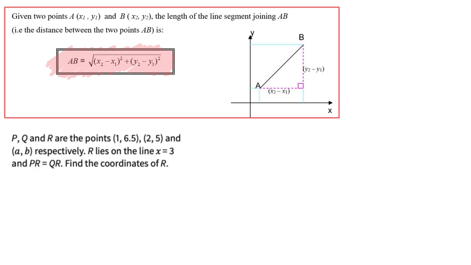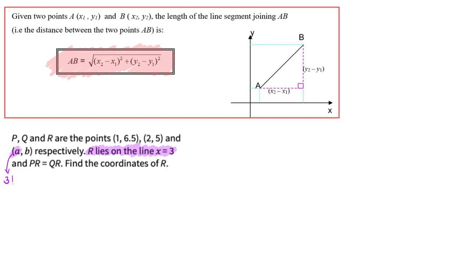But one very important clue is here. R is on this line x equals 3. This is very important. This means that the x coordinate of R, which is A, is in fact 3.